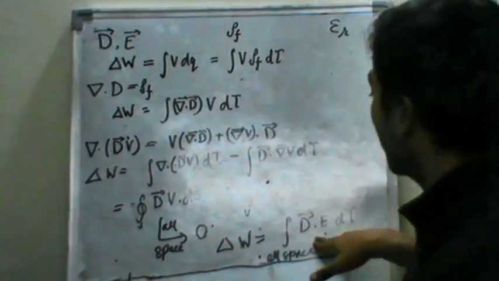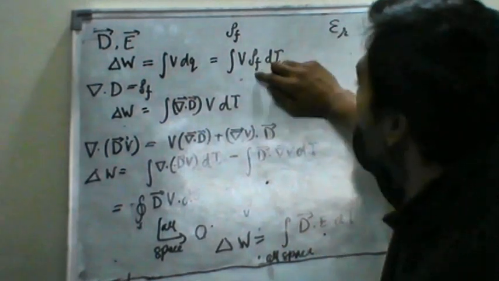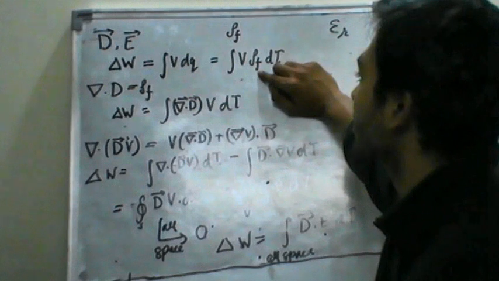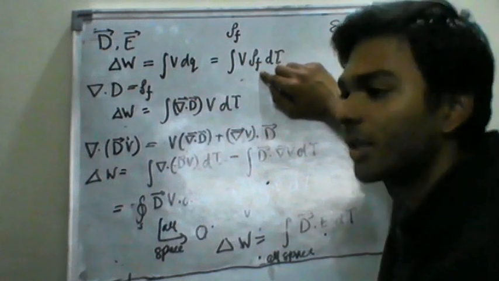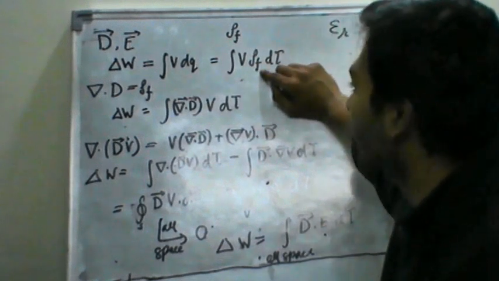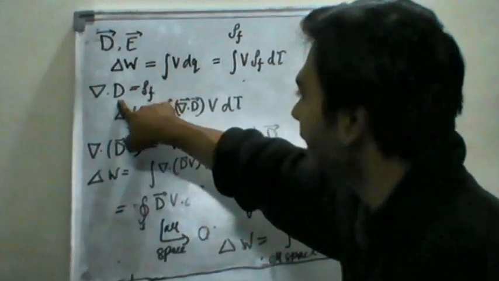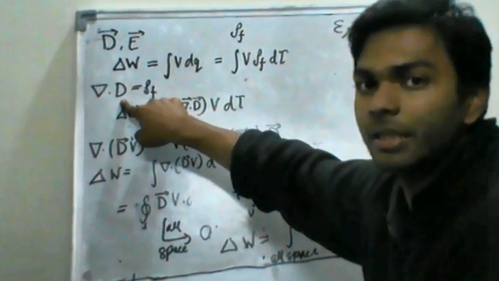Okay, now the problem is that we were bringing an extra charge here. So this rho f, what I have written, actually represents not the entire rho that exists, but only the extra free charge that I brought. So this D is just the extra electric displacement that has been created.